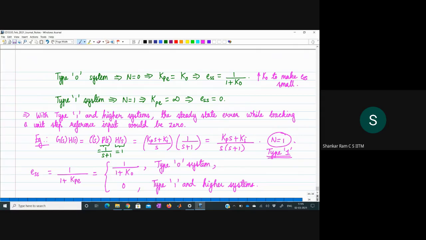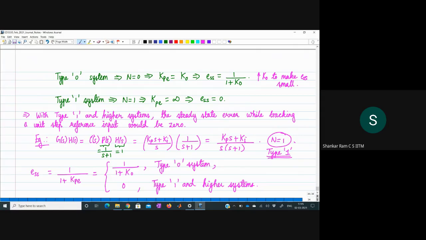I hope now the statement which I made while discussing the integral controller is clear. I said that an integral controller can guarantee a zero steady state error, under certain conditions and while tracking step inputs.